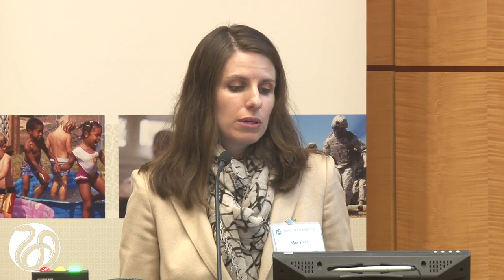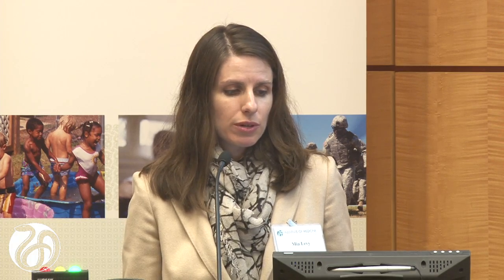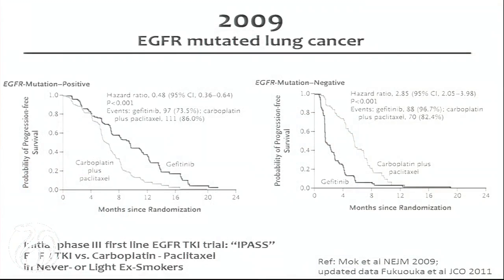And as you've heard already from Bruce, EGFR came along, and this is one of the first seminal papers in 2009 comparing EGFR mutants versus non-mutants and their responses to gefitinib, and now for the first time we're really starting to see some separation between those 2 curves.